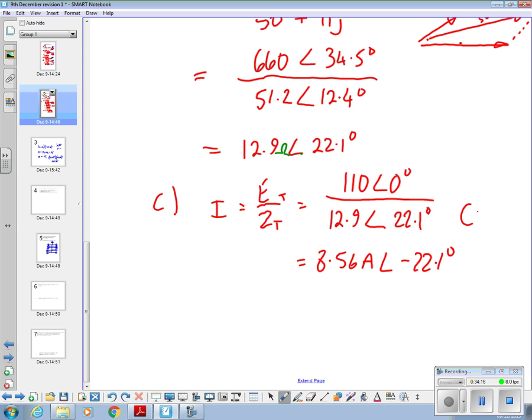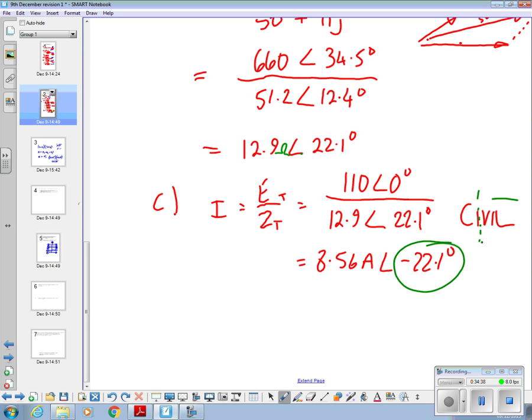And like I said, we check that with the word CIVIL. We're looking at that half of the word because we know we've got an inductive load, and voltage comes before current, current after voltage, current is lagging the voltage, negative angle. Yeah, we got it right.